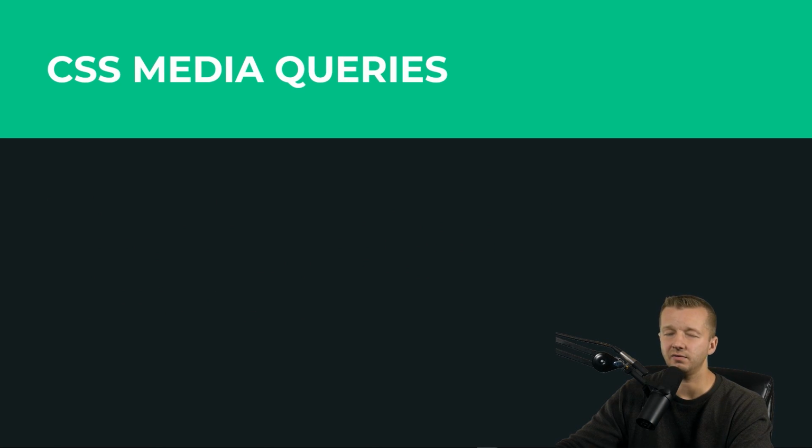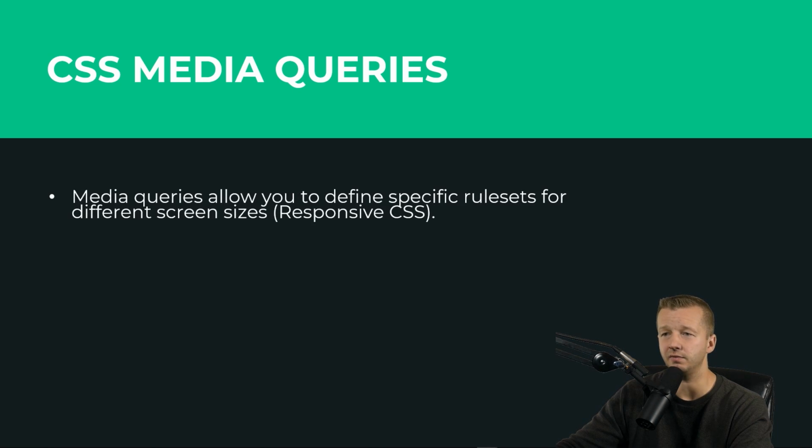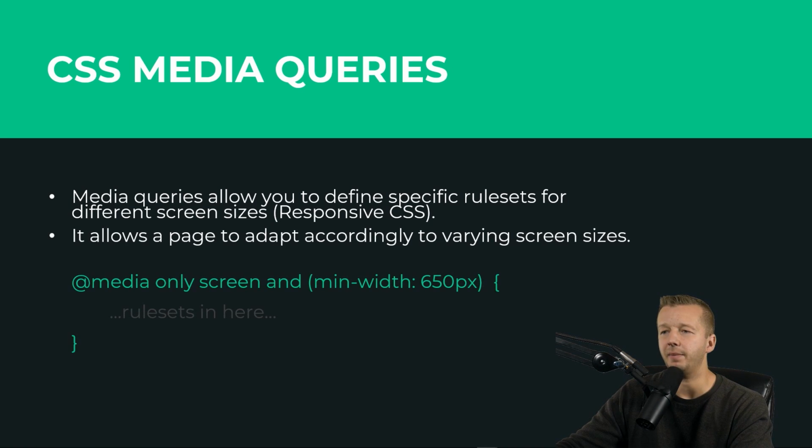CSS media queries, this is a very important one, and we're going to get into it because we're going to make our design responsive. Media queries allow you to define different rule sets for different screen sizes, and this is referred to as responsive design, responsive CSS, or responsive web design, RWD as it's called. It allows a page to adapt accordingly to varying screen sizes.